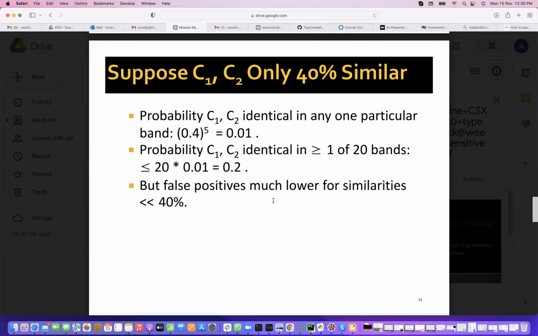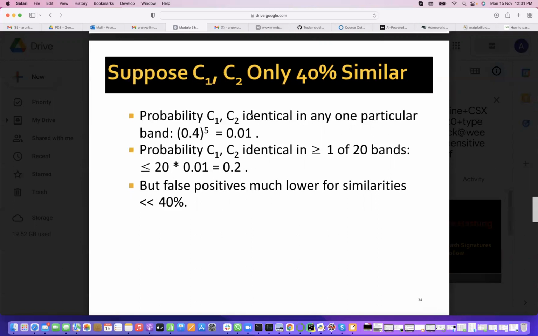But false positive is much lower for similarities less than that. So you are getting something like 20% non-similar also coming into the similar. They shouldn't be similar, right? Your threshold is 80%.